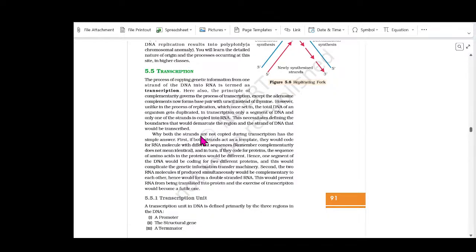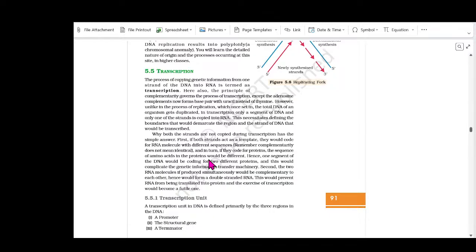Why both the strands are not copied during transcription has a simple answer. First, if both strands acted as a template, they would code for RNA molecules with different sequences. And in turn, if they code for proteins, the sequence of amino acids in the proteins would be different.